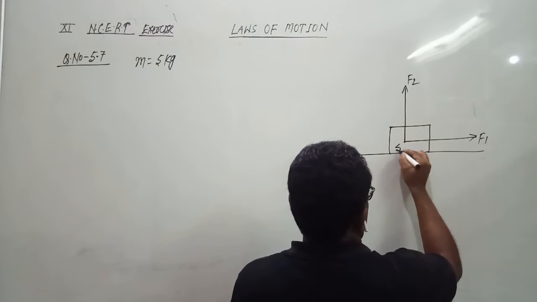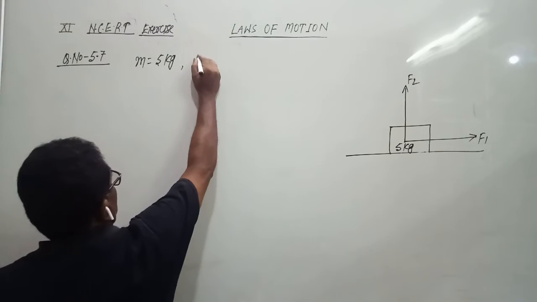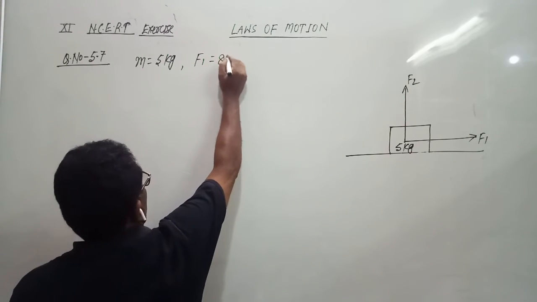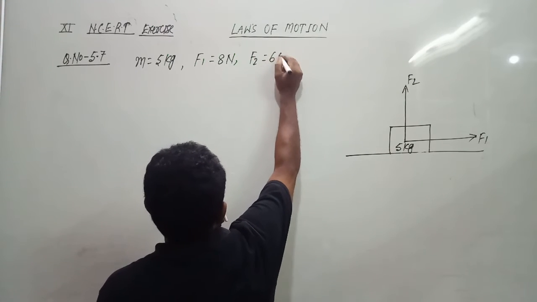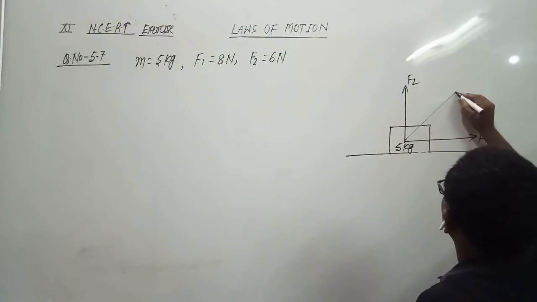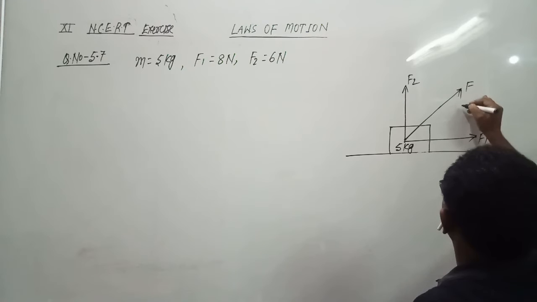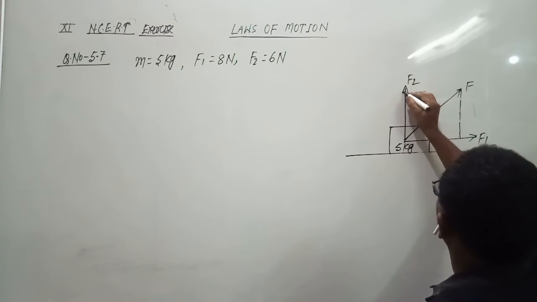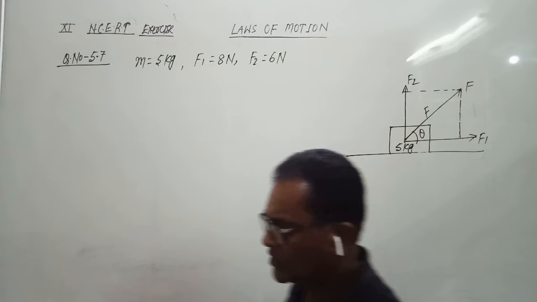This is the 5 kg mass, which is acted upon by two forces. F1 is 8 Newton and F2 is 6 Newton. So their resultant force acts between these two forces. Let F be the resultant force, and it makes an angle theta with the force F1.